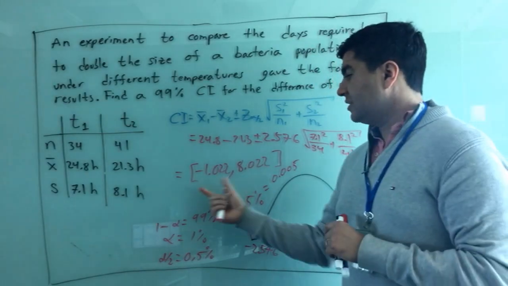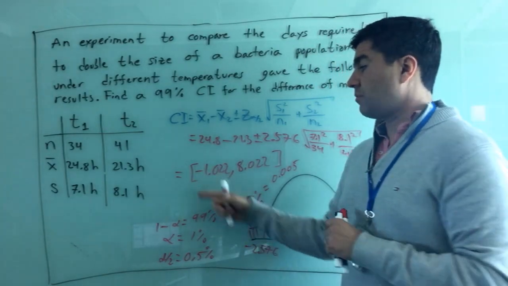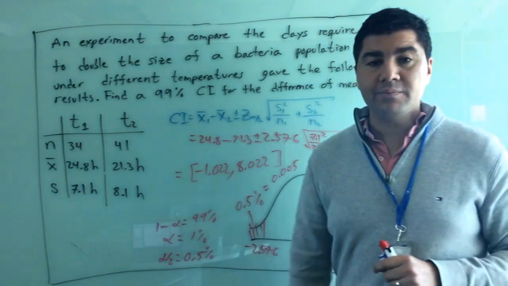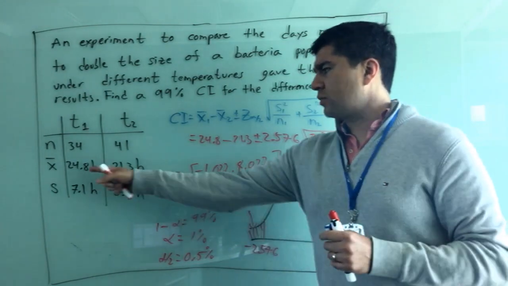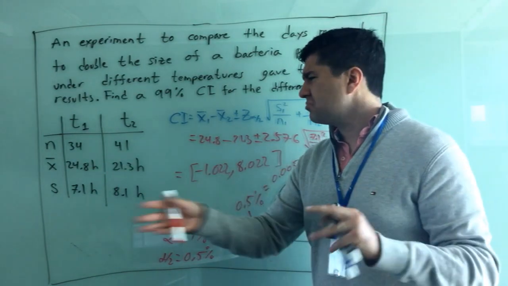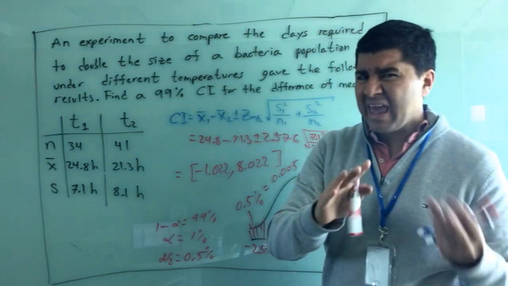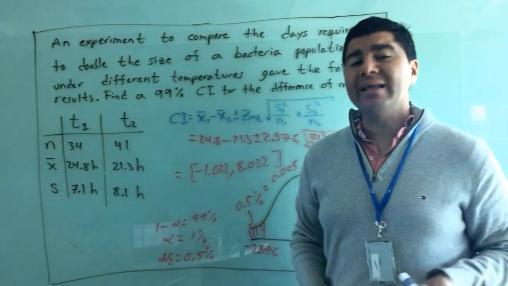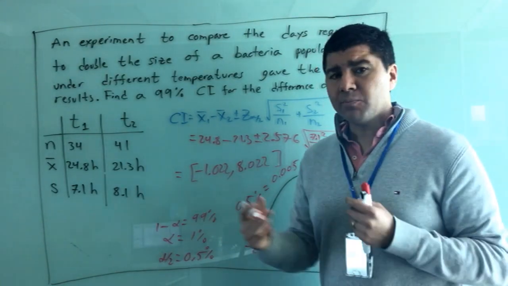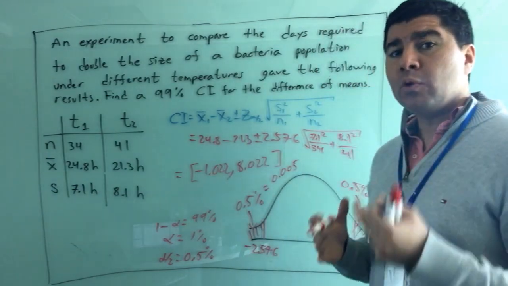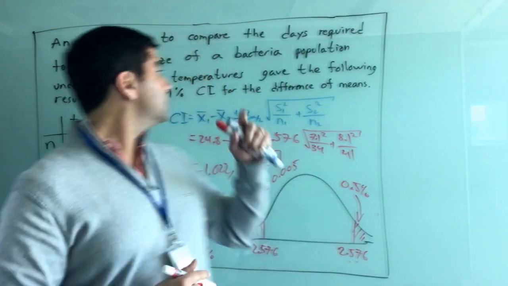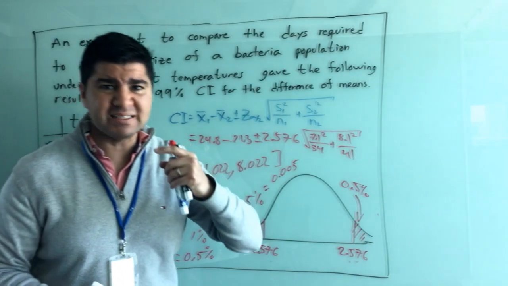We're going to notice that the result in this case goes from minus 1.022 to 8.022. Again, the original difference, about 24 minus 21, about 3, is going to be located in the center. But what is important from here? Remember that what we want to analyze in this case is the difference of means.